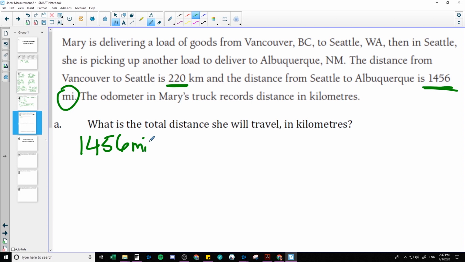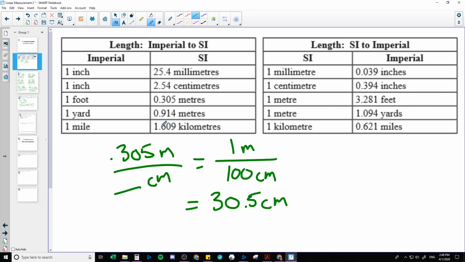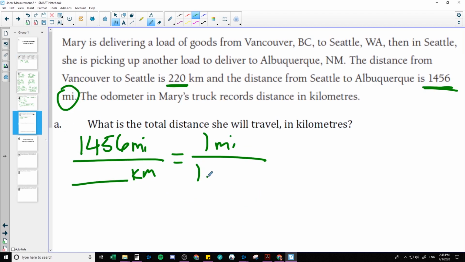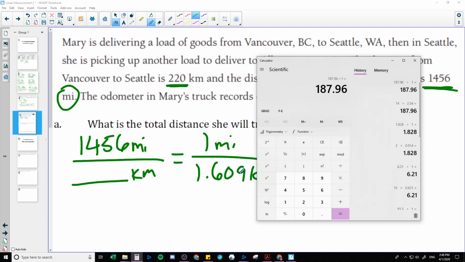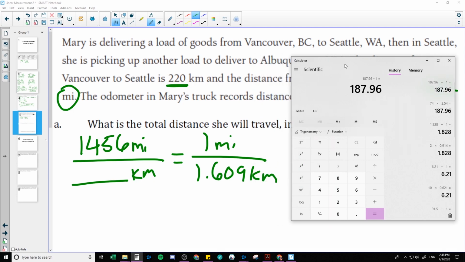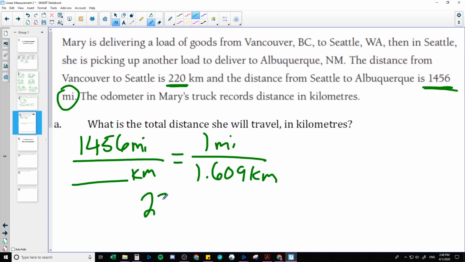So let's get started. 1,456 miles. And we're wondering how many kilometers is that? Okay, 1 mile. We need to know how many kilometers go into a mile. Let's take a look. 1.609 kilometers go into a mile. All right, we've set up our cross multiplication here. Okay, so we can just type this in. 1456 times 1.609 divided by that 1 gives us 2,342.704.